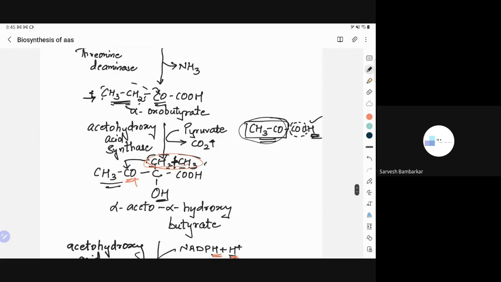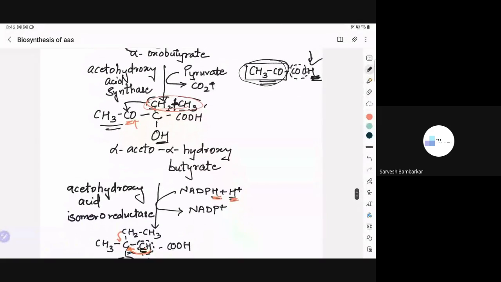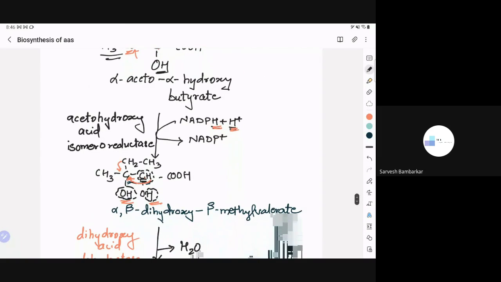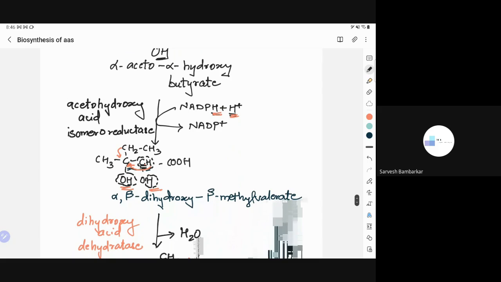So it becomes CH3CO, and you move this CH3CH2 that you see over here on the top of this carbon. So that's how you get CCH2CH3, and the oxygen there gets this hydrogen which is coming from pyruvate, so that it becomes a hydroxyl group. So that's how you get alpha aceto alpha hydroxy butyrate.